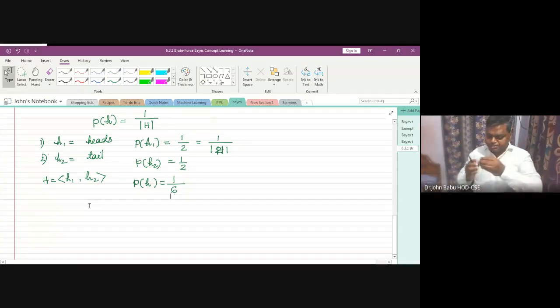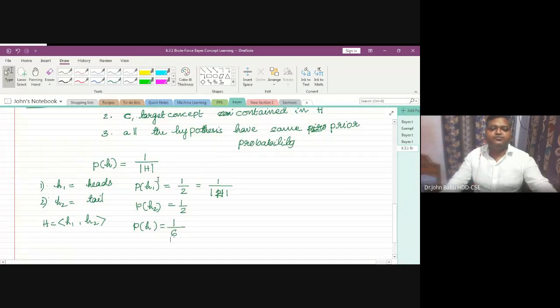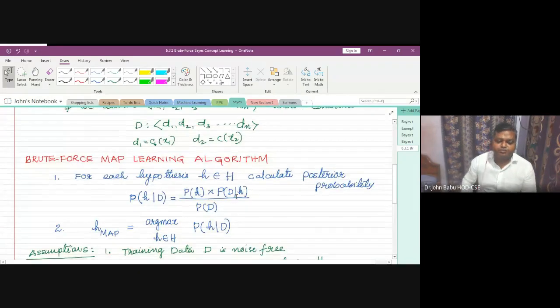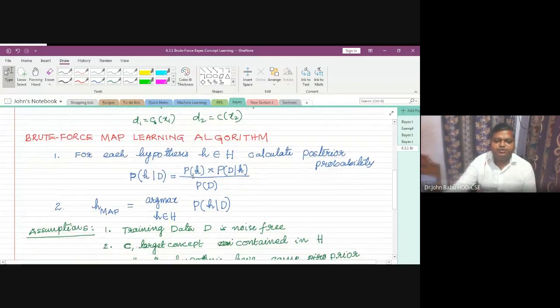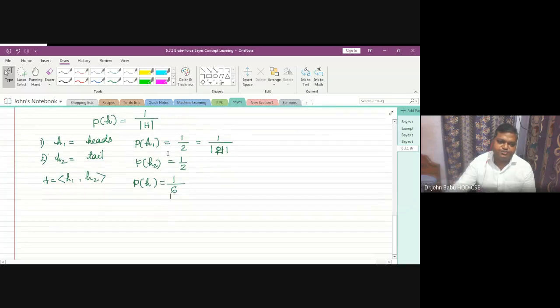So the probability of small h is equal to 1 by the magnitude of capital H. So we got one term in this formula, the probability of h. What is the probability of h? 1 by the magnitude of the set of all the hypotheses, the number of hypotheses.